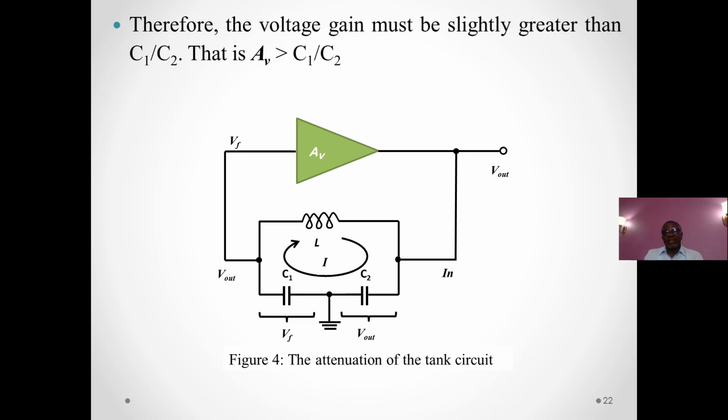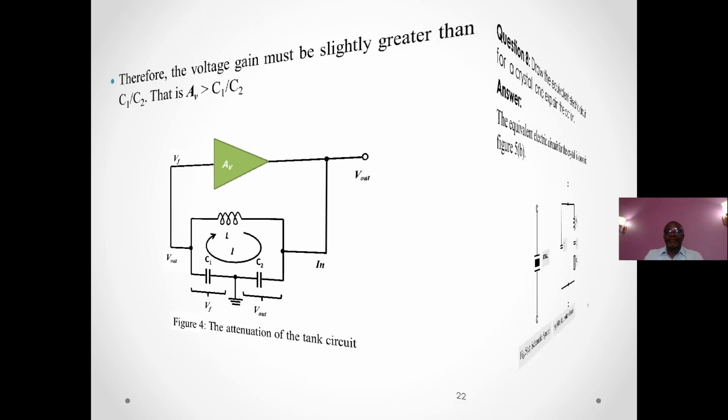So the signal continues to build up until such a time it will give what is required, and the voltage gain is designed that at that point the gain becomes equal to 1, so that a constant output is maintained.